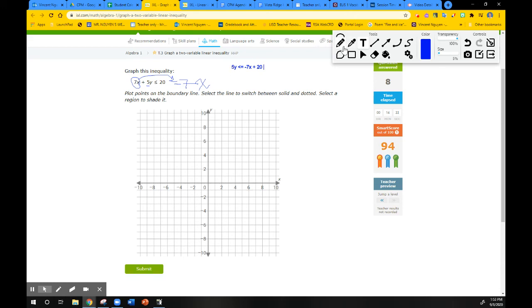Now I'm going to divide everything by 5. If I divide everything by 5, this will become negative 7 over 5, and 20 divided by 5 is actually 4, right?